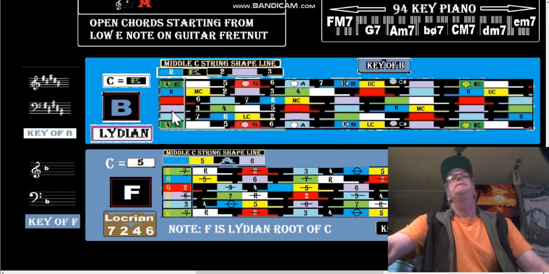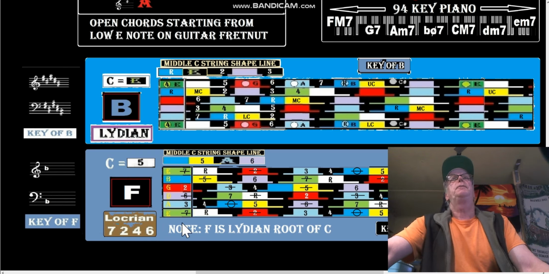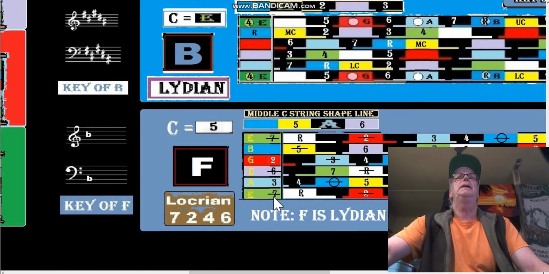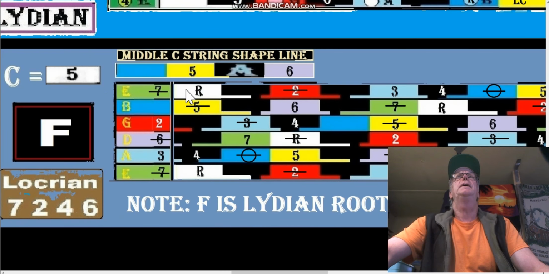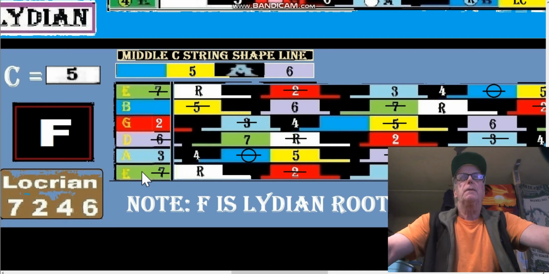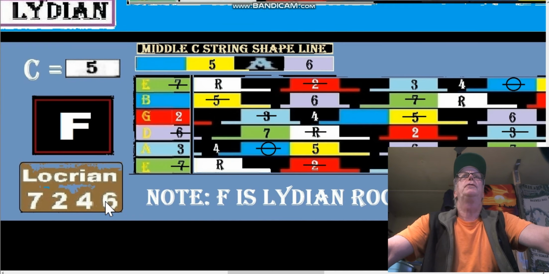So in the key of F, if we look at the low E, here's your fret nut. The low E is going to be the 7th in the key of F. So we can use this as an open Locrian scale.